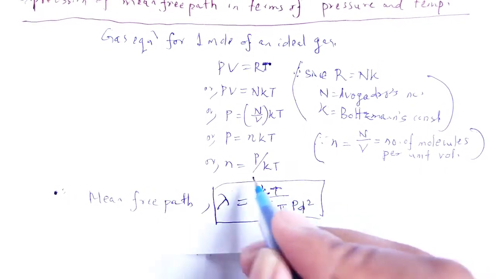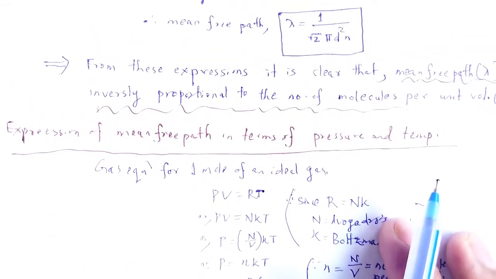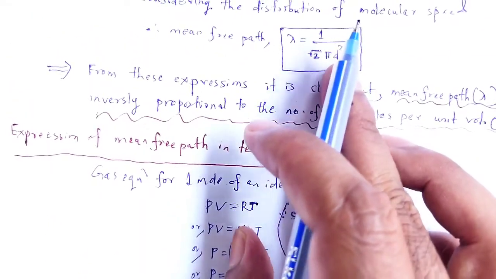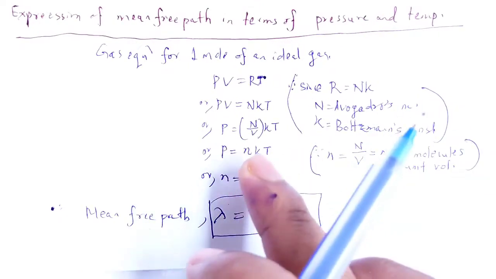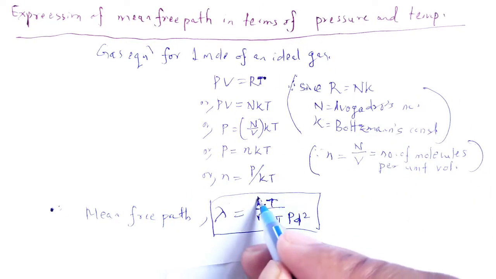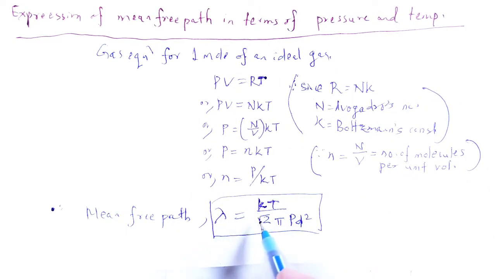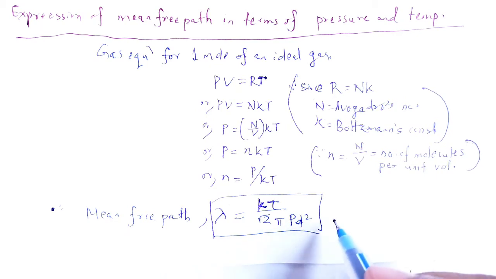Means in place of n we substitute p by kt. So lambda will be kt divided by root 2 pi p d square.